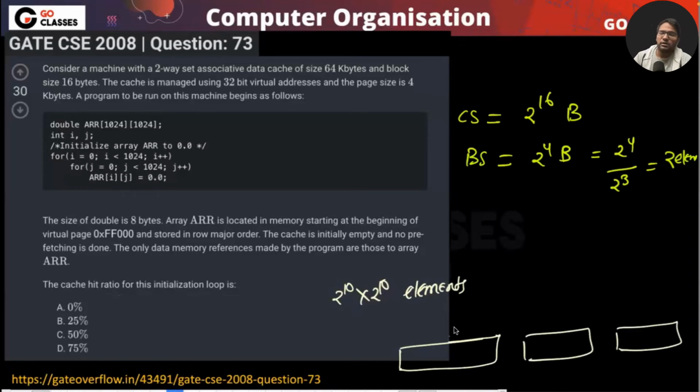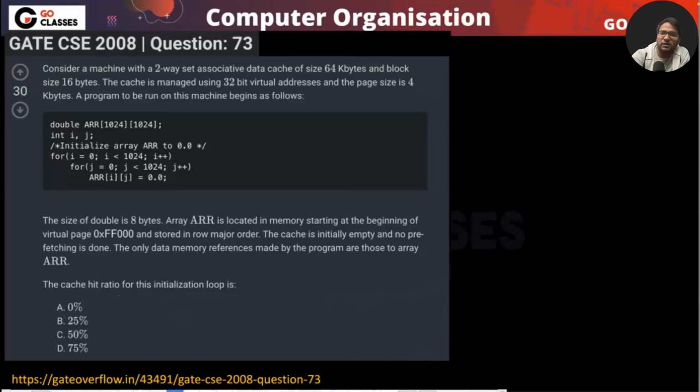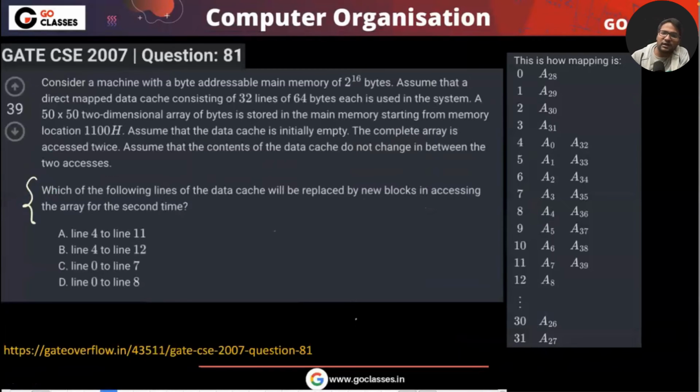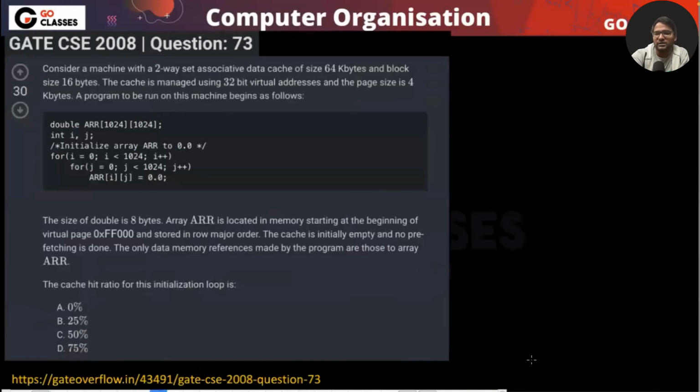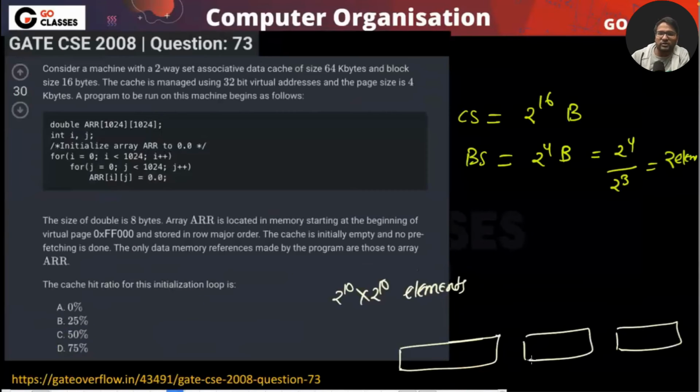Let's suppose, the actual block number doesn't matter unless they ask something related to the actual block number; otherwise it doesn't matter because of the cyclic nature. So I'm not going to find the actual block number using this address. Let's suppose this is block number 0, this will be block number 1 and block number 2, each containing 2 elements.